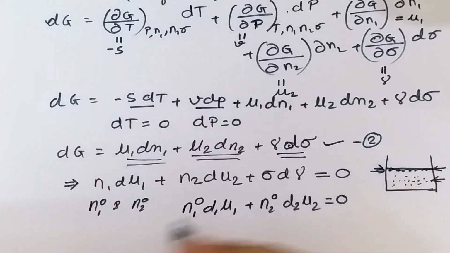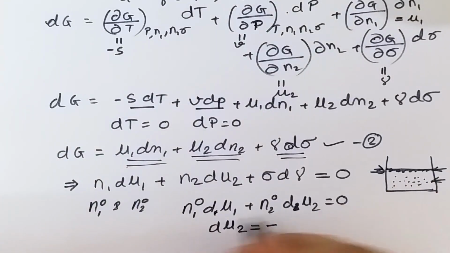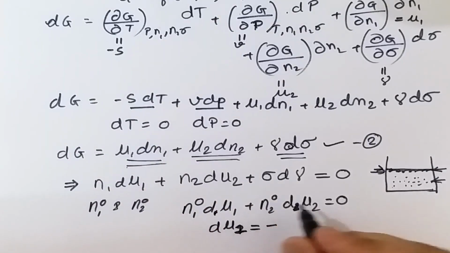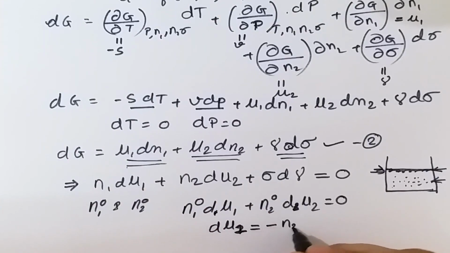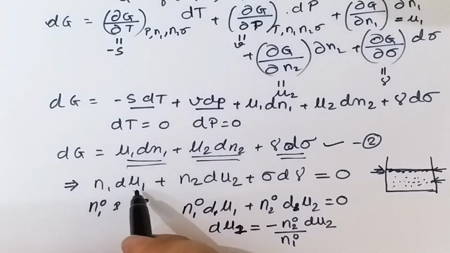So we can rearrange this expression in the form of d mu1. We will eliminate d mu1 from this expression. So d mu1 will be equal to, taking it on the right hand side, minus N20 d mu2 upon N10. And this value of d mu1 I can substitute in the earlier expression.